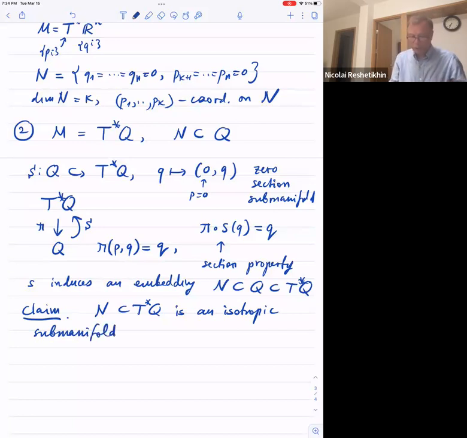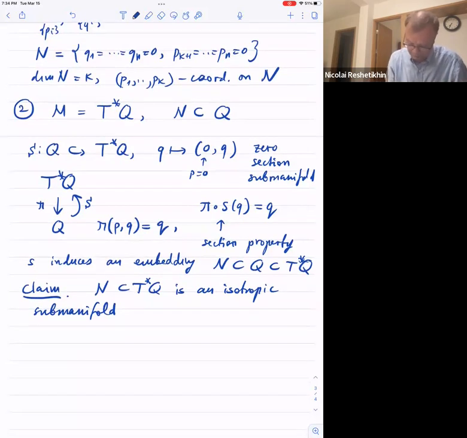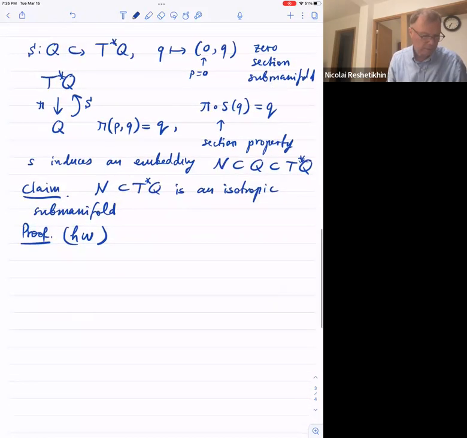It's a nonlinear version of the first example. The first example is simply kind of a linear version of this one. Proof. That's a very nice homework. Okay.